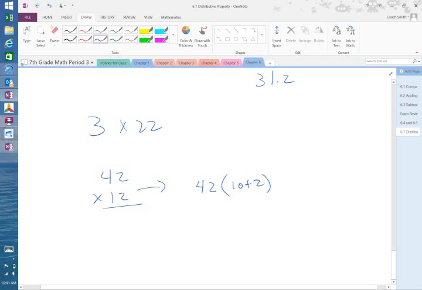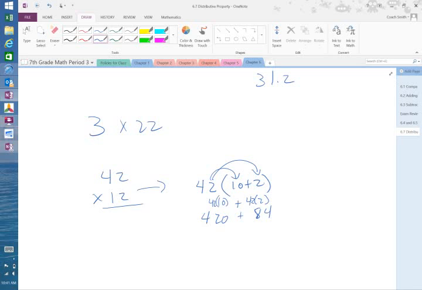So 42 times 10 plus 2. I was off. It's 504. If you distribute 42 times 10 plus 42 times 2, which is 504.